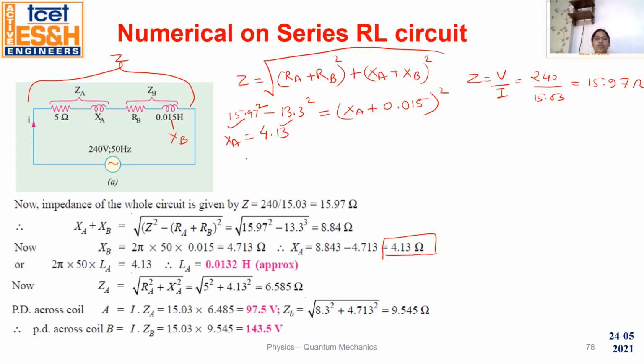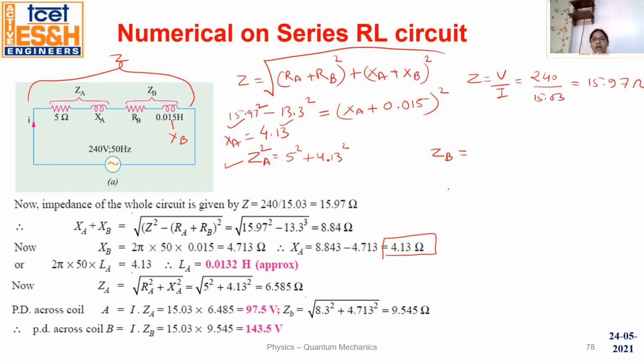So now you find ZA and ZB separately. ZA is a combination of 5 ohm resistance and reactance of coil A, that is 4.13. So 5 square plus 4.13 square is equal to ZA square. From this equation, you can find ZA, and from this equation, RB.